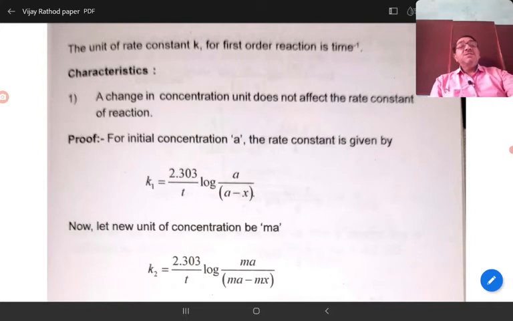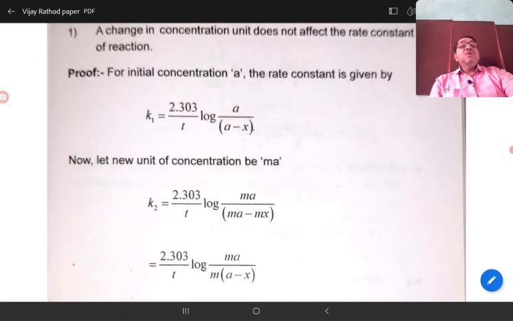Now when we consider the next condition, let the new unit of concentration be represented by another factor, that is m times a. So here k2 is equal to 2.303 upon t into log of ma upon ma minus mx.